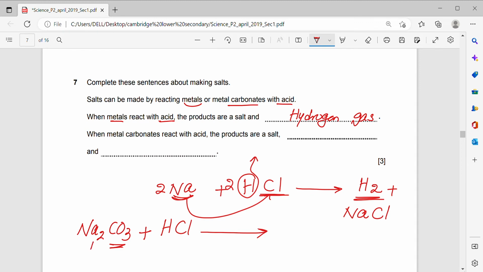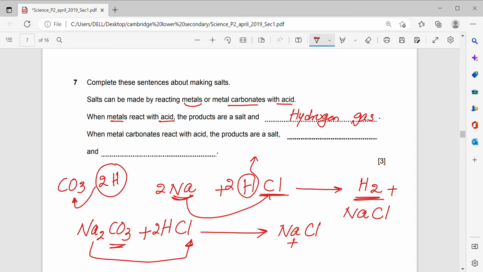We get salt، برضو الصوديوم بياخد الكلورايد ويديني الصوديوم كلورايد plus ايه بقى؟ هنا عندي CO3 وال 2H. ال 2H دول بياخدوا O من هنا يدوني H2O و CO2 اللي هو الكربون دايوكسيد. يبقى عندي salt وإيه تاني؟ water وcarbon dioxide. أوكي؟ طيب.